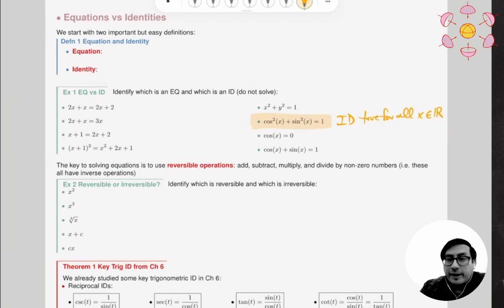Not just for one value of x, not for two values, but for every single value of x that you plug in. Again, you're thinking of x here as a radian, so the wet noodle, so x can be as many turns around the circle as you want, but once you stop, cosine of x is the x coordinate, sine of x would be the y coordinate of the terminal point. All right, so that's a quick and dirty definition of what an identity is.